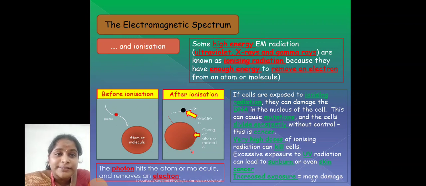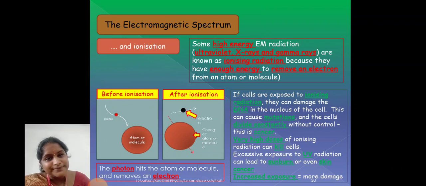This can cause mutations, and the cells divide constantly without control. This is called cancer. A very high dose of ionizing radiation can kill cells. Excessive exposure to UV radiation can lead to sunburn or even skin cancer. If the exposure is increased, the damage will be more.